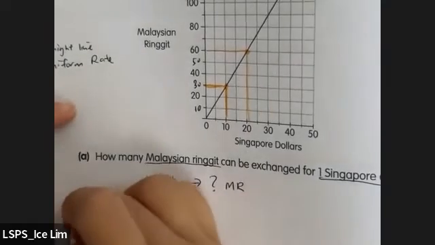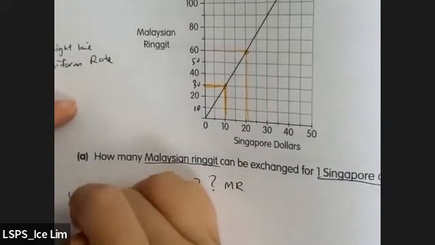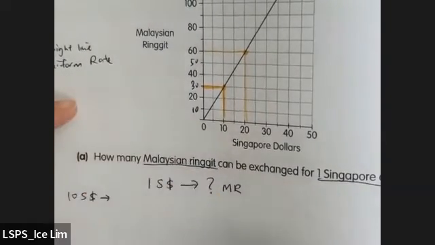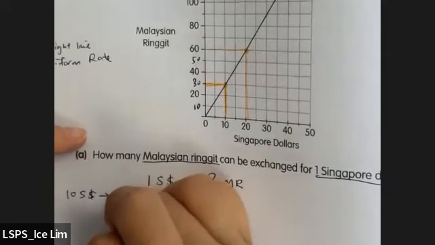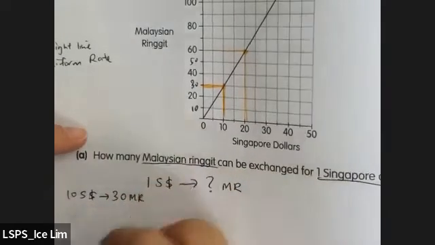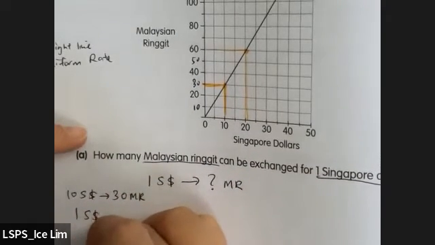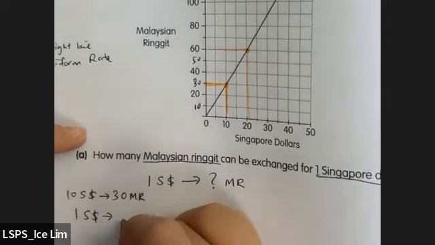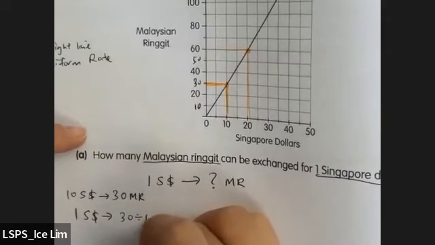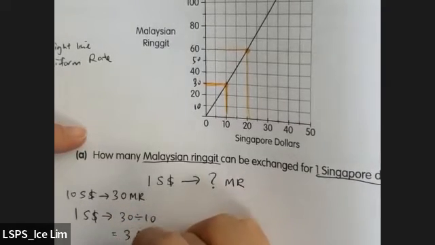So let's say I can use $10 Singapore dollars to give me 30 Malaysian ringgit. That means 1 Singapore dollar will be $3. Quite quick to find out.